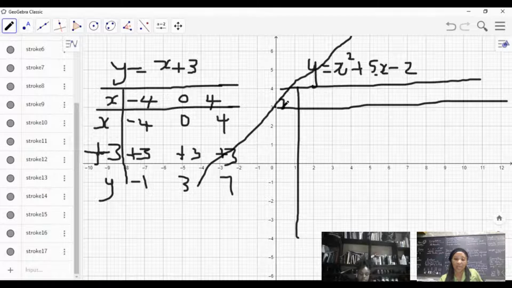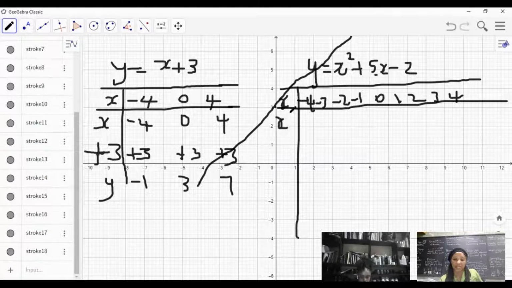So when we put our x, we'd have to put from -4, -3, -2, -1, 0, 1, 2, 3, 4. And then we would square the x. So we'd have our x squared, then we'd have our 5x, then we'd have our -2 and y.